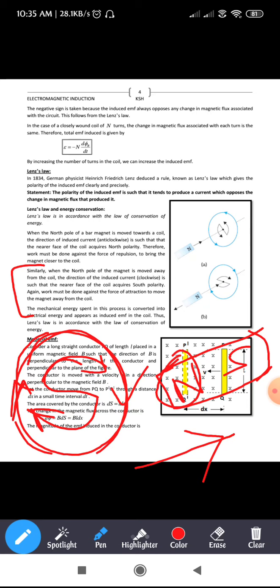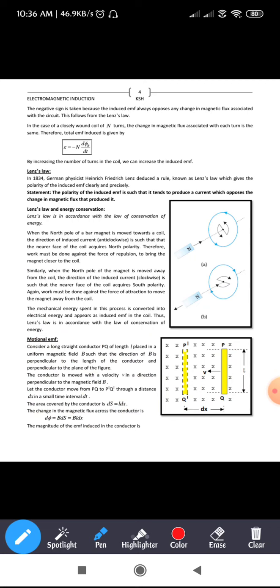In order to move the magnet away from the coil, you need to do work against the force of attraction. In the previous case you did work to overcome the force of repulsion. So in both cases there should be some work done.